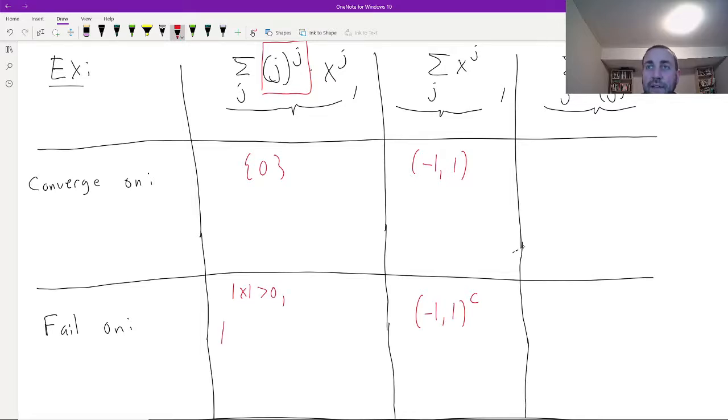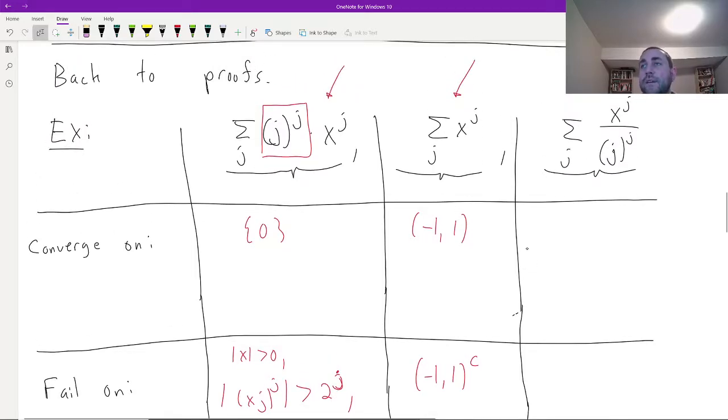Well, then the absolute value of j to the j times x to the j is going to be bigger than, say, 2 to the j for all j bigger than some sufficiently large J. And of course, we certainly know that if you try to sum 2 to the j, you're going to run into problems, right? So there's no way that that can possibly work. That's a bit of an informal proof, but it's not so bad to turn that into something a little bit more careful.